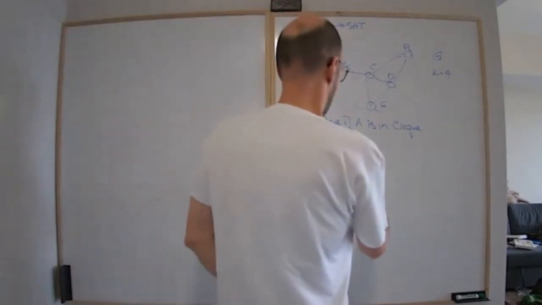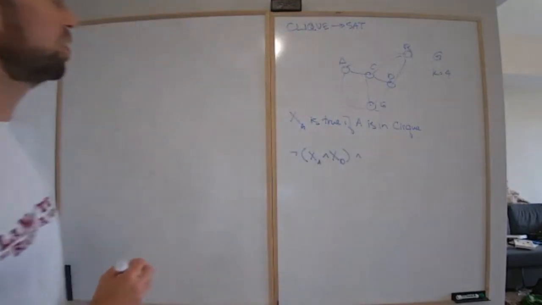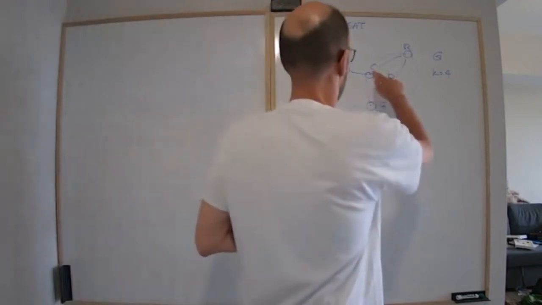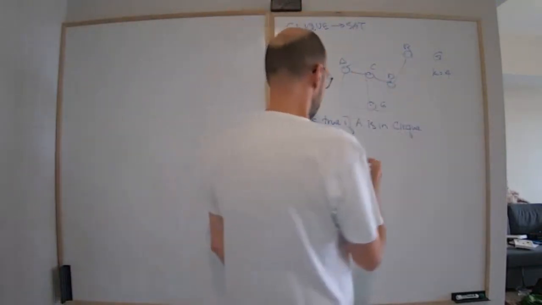Okay, and B is connected to everything, and E is connected to everything, and actually pretty much everything is connected. Oh yeah, actually, okay, let's erase this edge, just to make things a bit interesting.